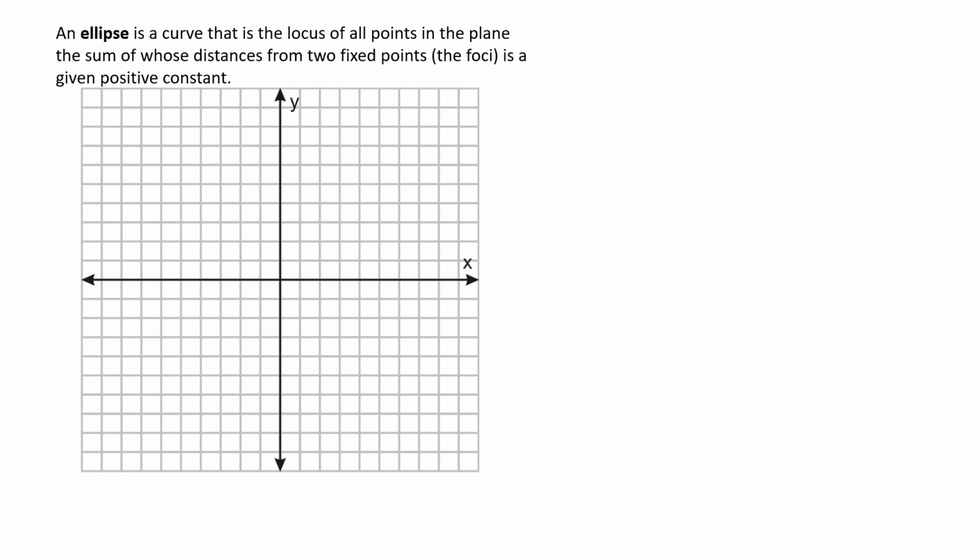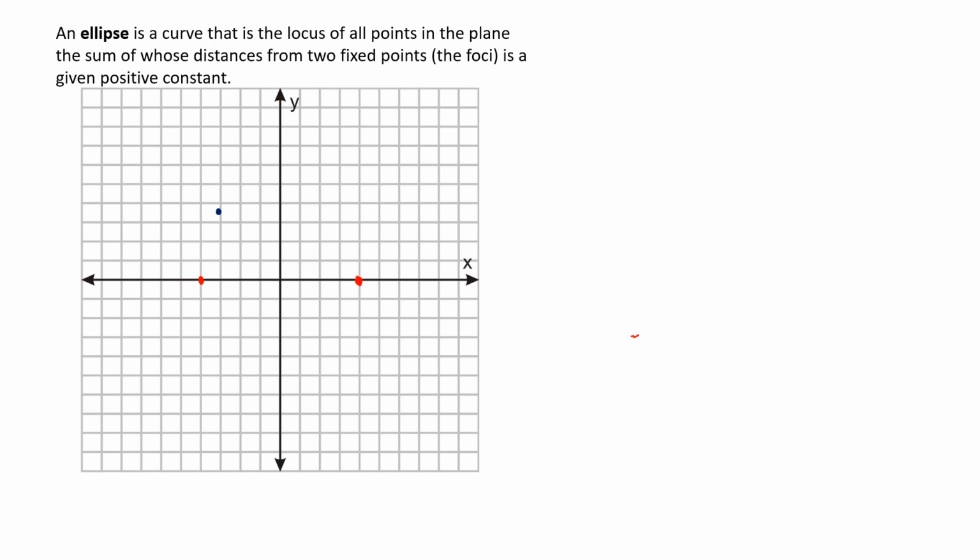I'm going to try to replicate that here on this graph. So if we had a point right there, which is 4 over from the y-axis, and we go 4 over in the other direction from the x-axis, it doesn't really matter. Let's use blue for this point right here.